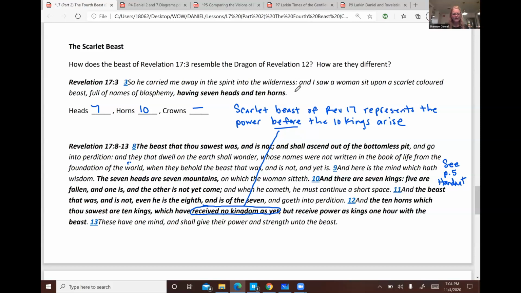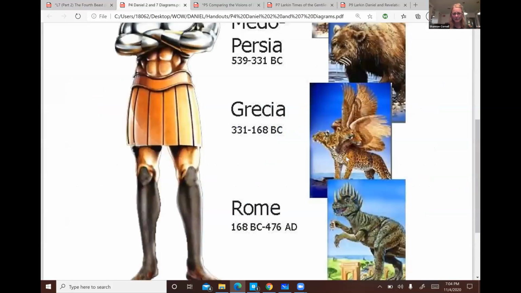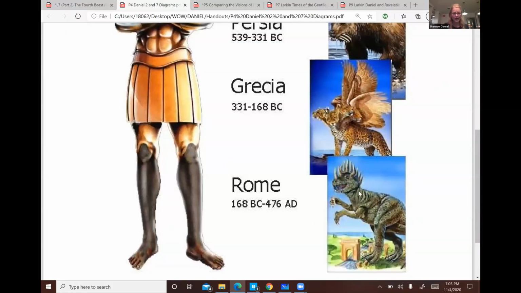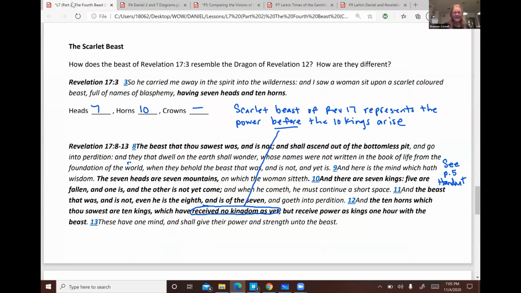Okay? So the fact that we're dealing with 10 horns harkens back to Daniel's 4th beast with 10 horns. And we know that's the last empire on the earth before Jesus comes to rule and reign. So the fact here that we have 7 heads and 10 horns, this is another picture of that end times empire that is ruling planet Earth before Jesus returns.